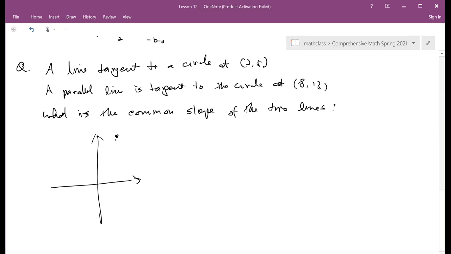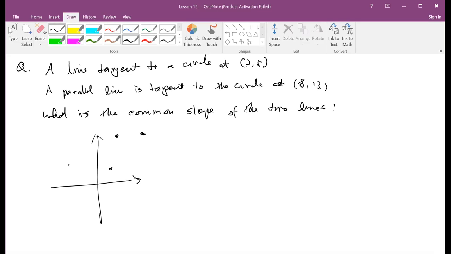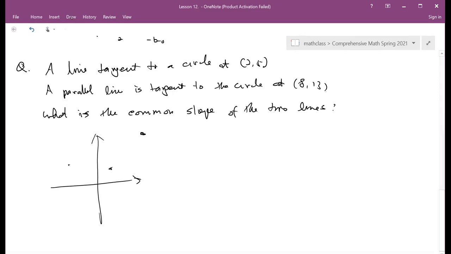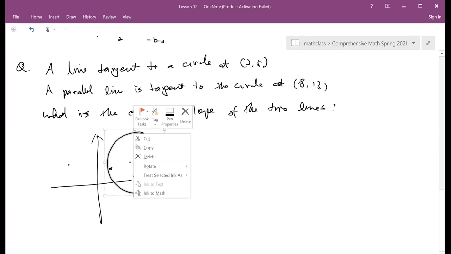This is a point. Another point on the circle is (8, 13). So let me draw the picture in a slightly better way. There's a circle passing through those two points. There are too many circles passing through those two points, so let's draw one of them. Okay. So you have two lines.